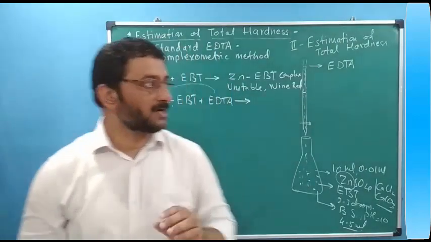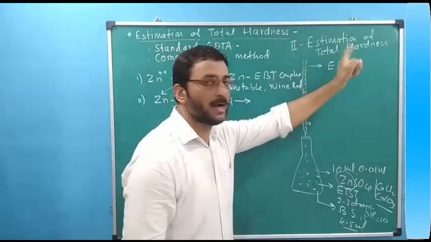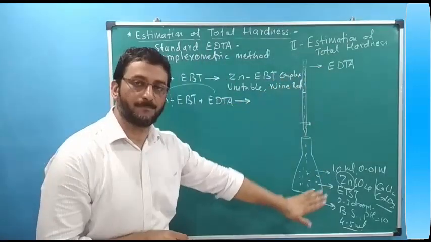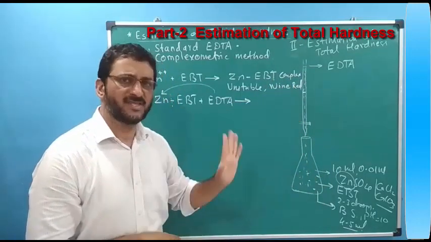Now go to second part of the experiment. What is the second part? Estimation of total hardness of water. Part 1, part 2, experimental setup, burette, pipette, chemicals, everything is the same.